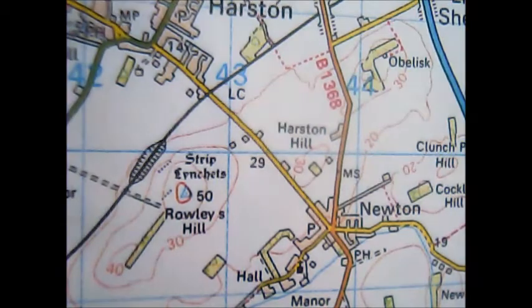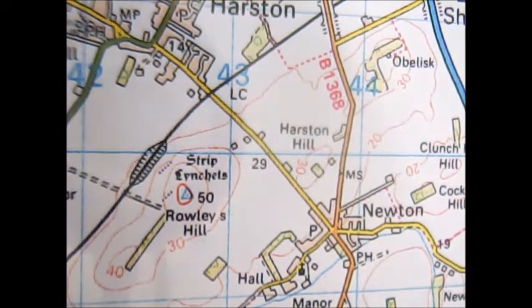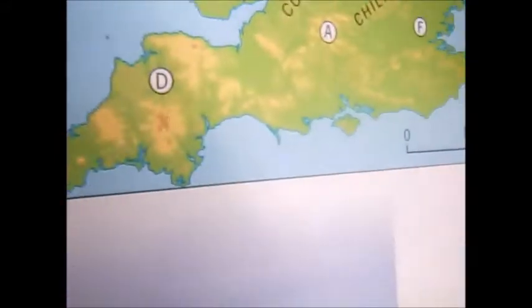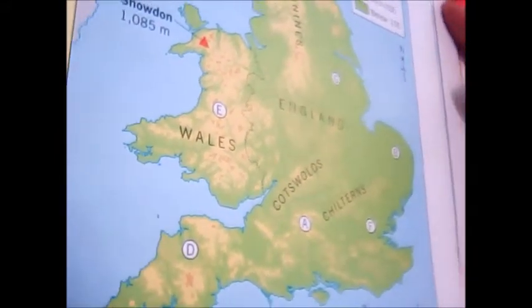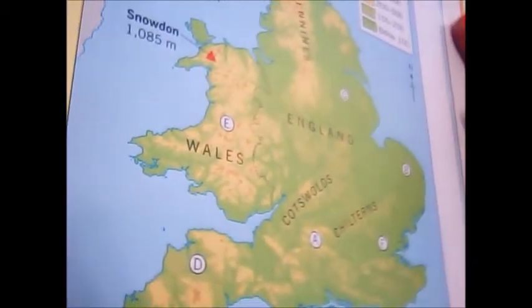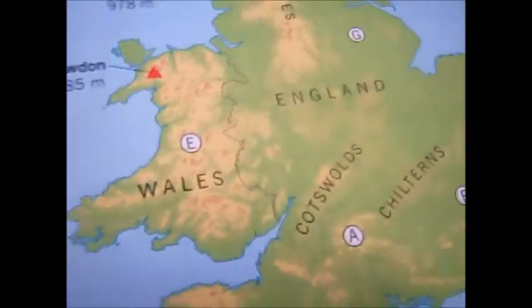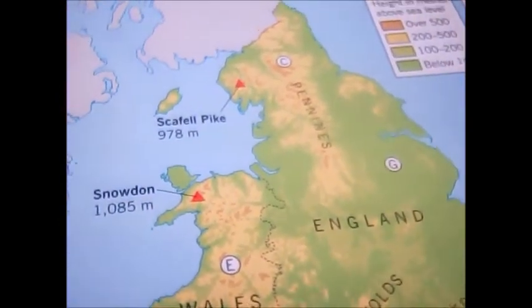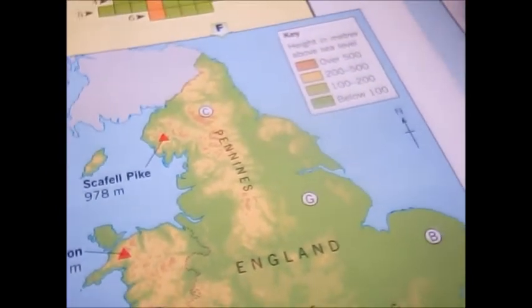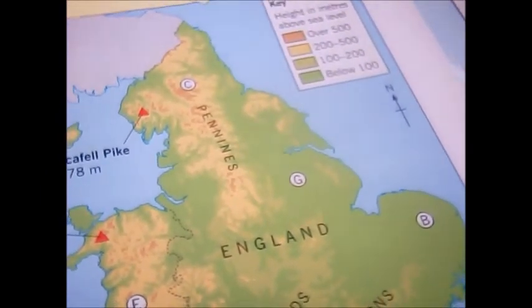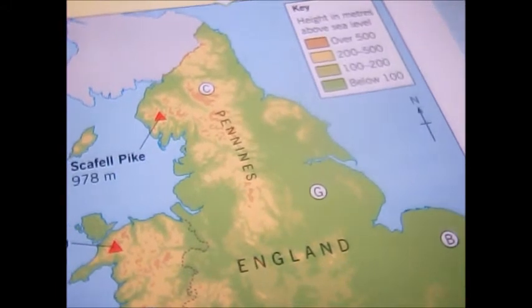The third way in which we can see height on a map is layer colouring. In this map in front of us now, you can see the Pennine Hills.